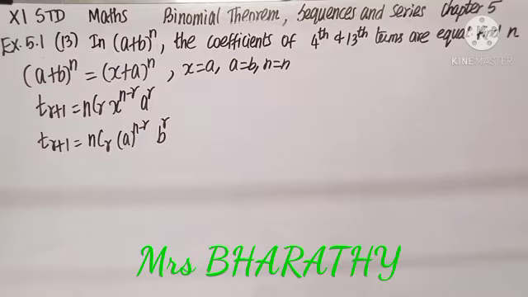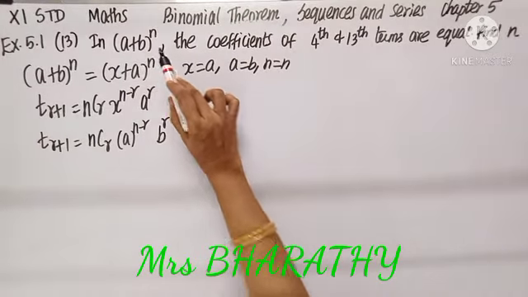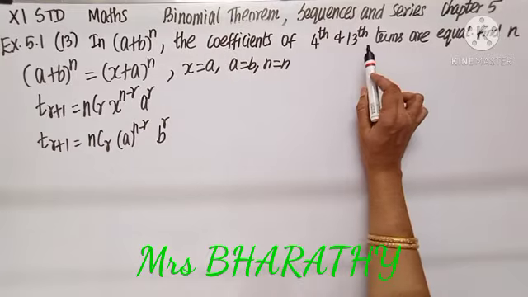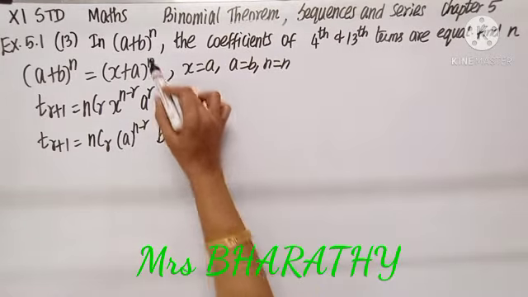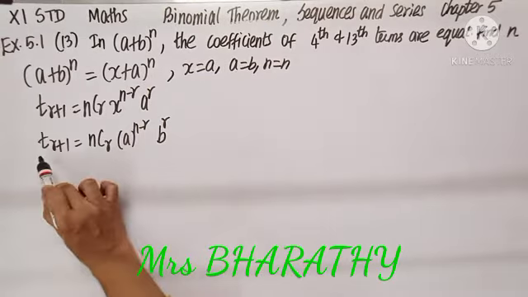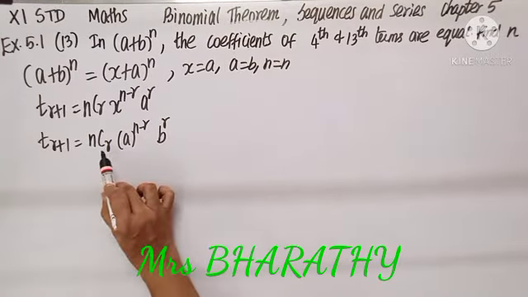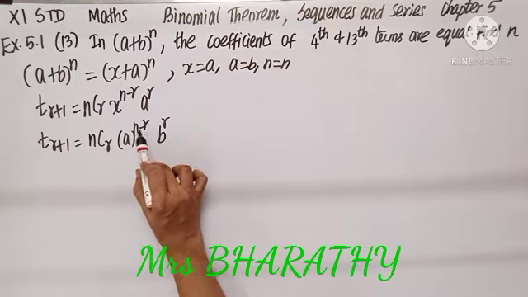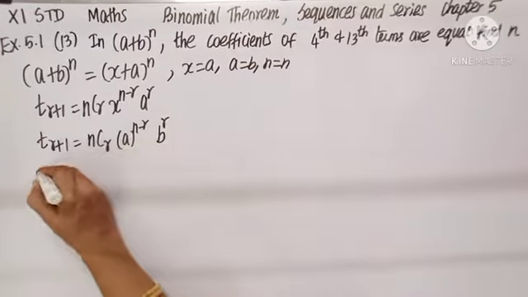Question number 13. In (a plus b) the whole power n, the coefficients of 4th and 13th terms are equal. Find n. As we apply the formula, we have the general term T(r+1) is nCr a^(n-r) b^r. We need the 4th term.